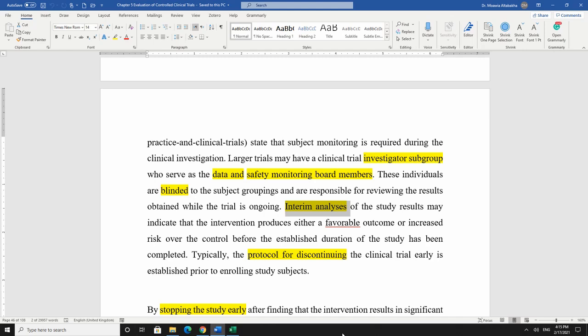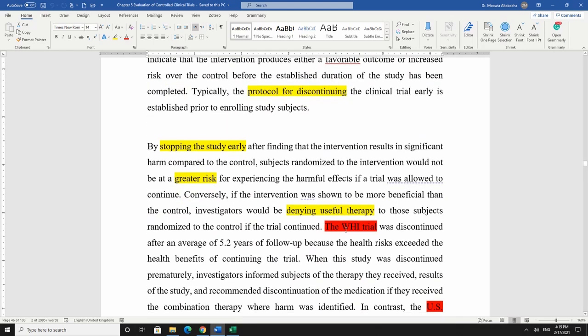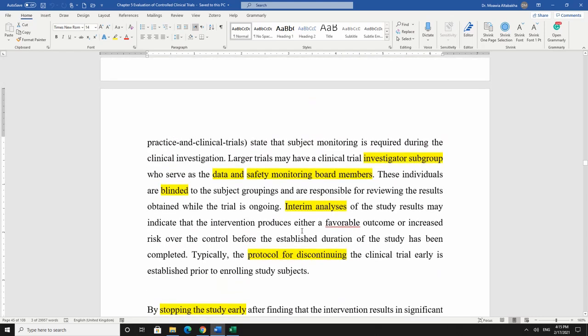Why? Maybe the trial is going to run for 10 years, but maybe after 5 years or 5.2 years, as what happened in the Women's Health Initiative trial, the data indicates that the drug is proven to be effective and safe, while those who are taking the placebo are not benefiting from the drug.